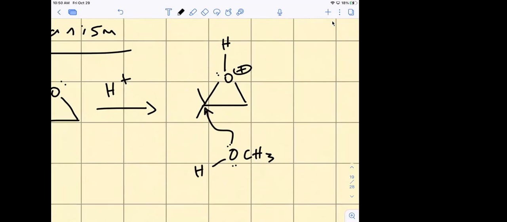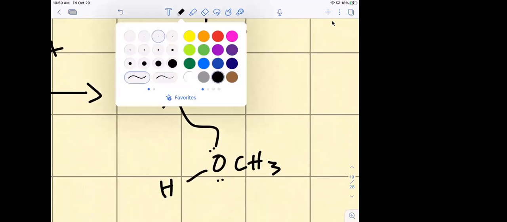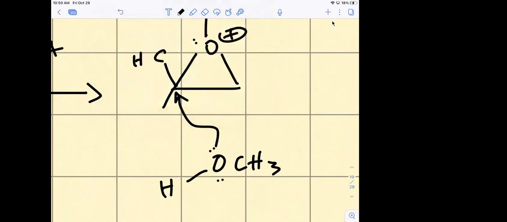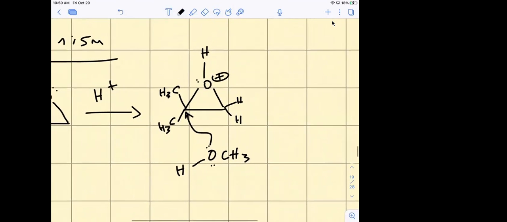If I ask you which one of those two carbons, keep in mind that these are CH3 groups, and then there's two hydrogens over here, which one of those two carbons is more likely to be positive, which one would you say? The carbon that's substituted with the methyl groups, or the carbon that's substituted with hydrogens?